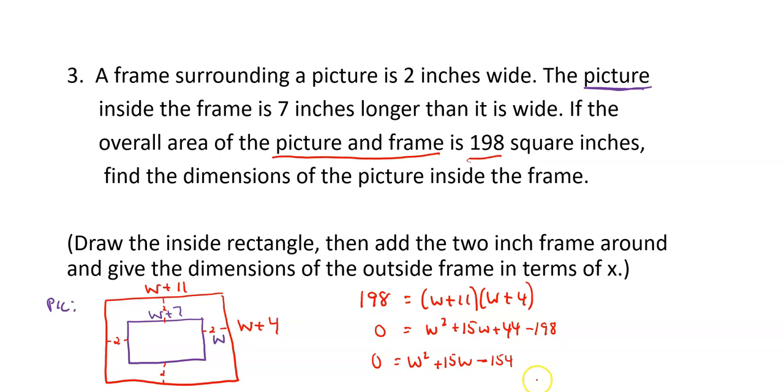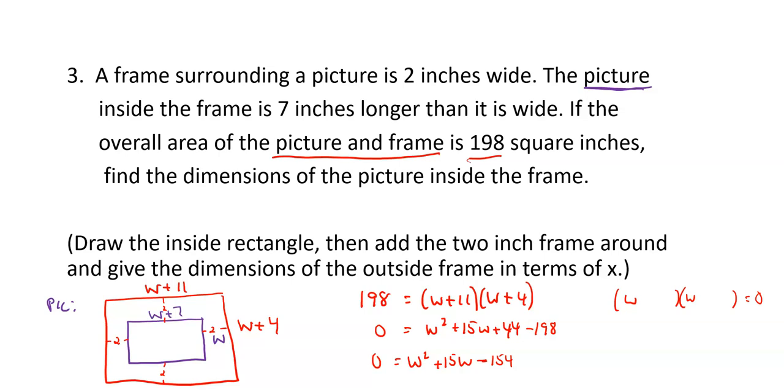All right, so two factors of 154 that have different signs. I don't know. What's 154 divisible by? Let's try an even number. It's not divisible by 6.